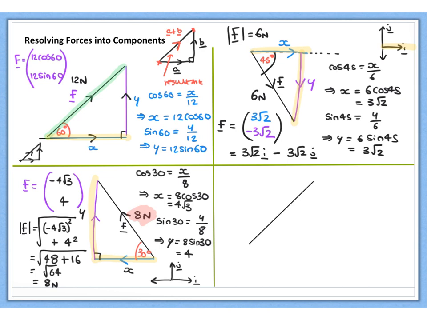So we have a force which is going to be 12 newtons, and it's in this direction. It's an angle here of 40 degrees. Now, let's draw in components. So starting at the beginning of the 12 Newton force, there's a horizontal component like that, and then there's a vertical component down like that.